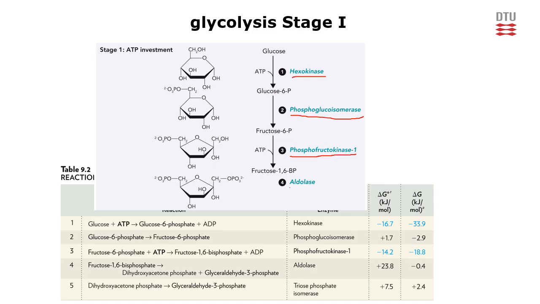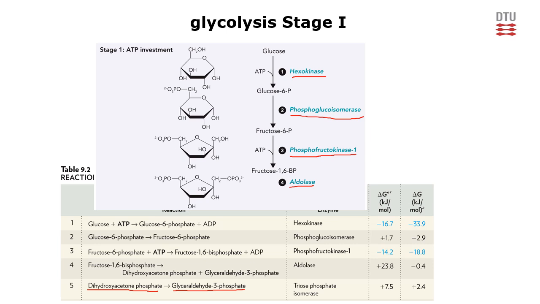And then we have the aldolase that cleaves the fructose into dihydroxyacetone phosphate and glyceraldehyde 3-phosphate. And the final step is basically an isomerase that takes the dihydroxyacetone phosphate and isomerizes it into glyceraldehyde 3-phosphate.